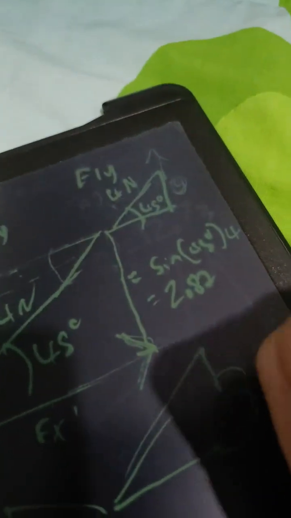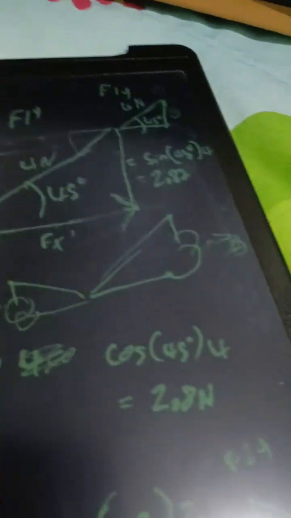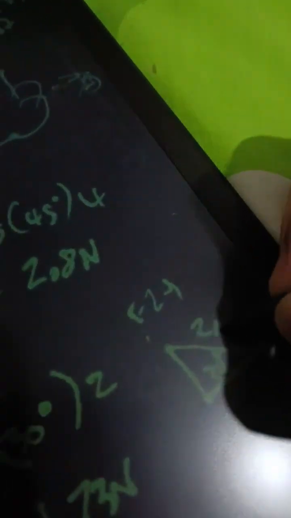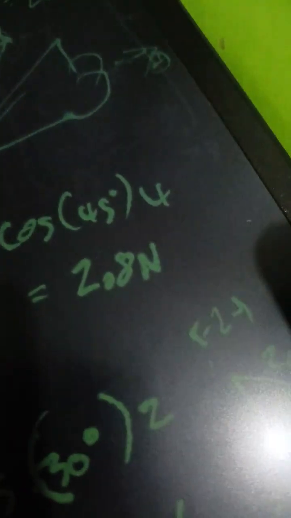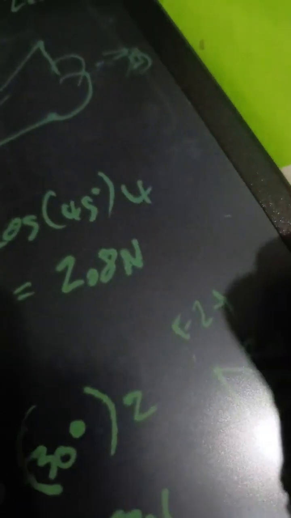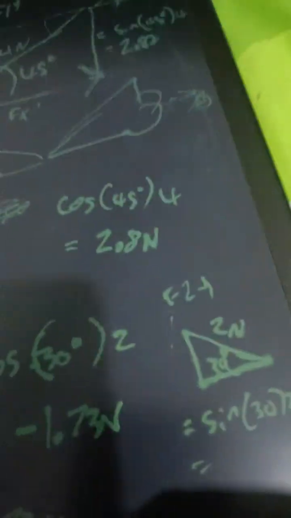So as long as it's facing up, it's gonna be positive. Now 30 degrees, and we have this as 2N. Now we put the same thing, sin 30, 2. Let me count it real quick.